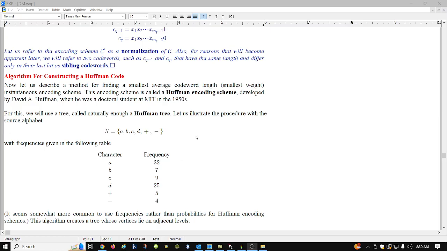And so let me illustrate the procedure with a source alphabet here and its table of frequencies. It seems somewhat more common to use frequencies rather than probabilities for the Huffman encoding scheme, but it doesn't matter. You can use either one.